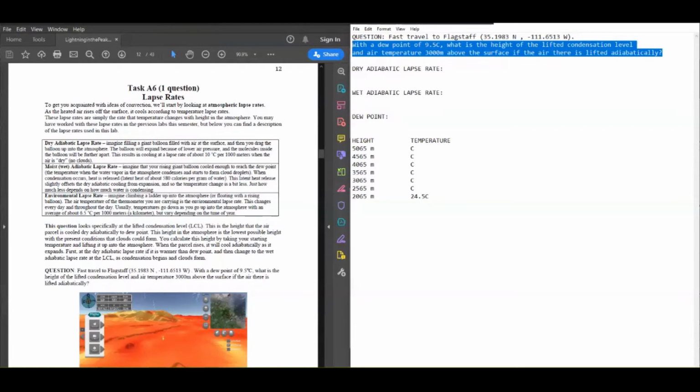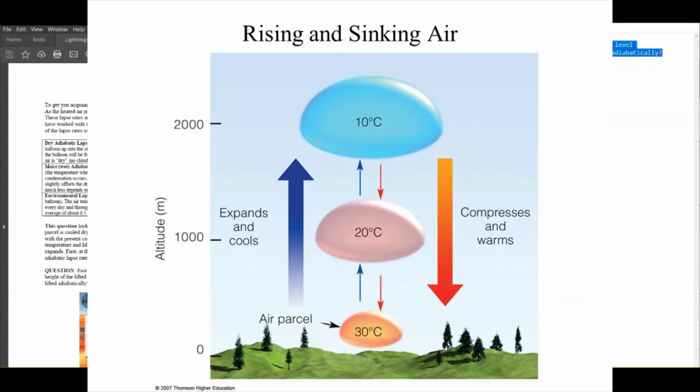All right, so in the PDF here, we've got the different lapse rates that you use for this question. When you lift air adiabatically, imagine an air parcel or a balloon at the surface with the air temperature inside.